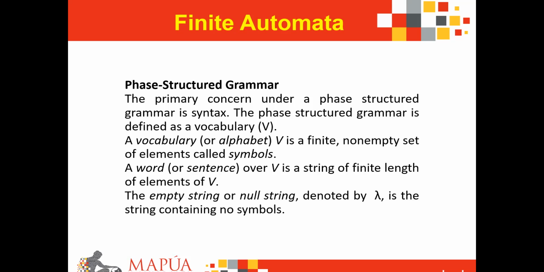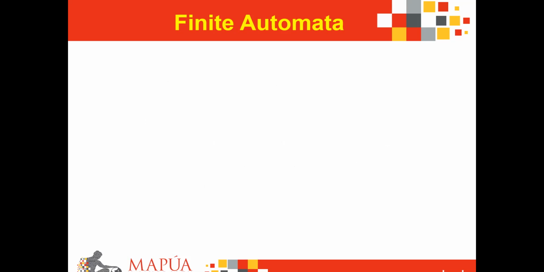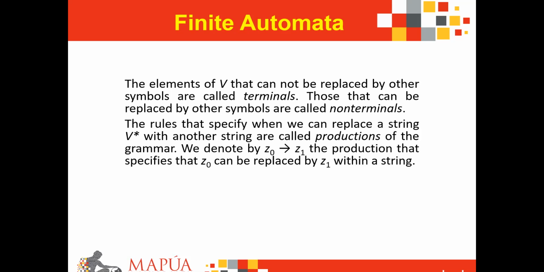The empty string or null string, denoted by lambda, is basically a string which contains no symbols. And the set of all languages over your vocabulary is also known as a subset of your corresponding set V. The elements of your vocabulary that cannot be replaced by other symbols are eventually referred to as terminals. Those that can be replaced by other symbols are referred to as non-terminals.